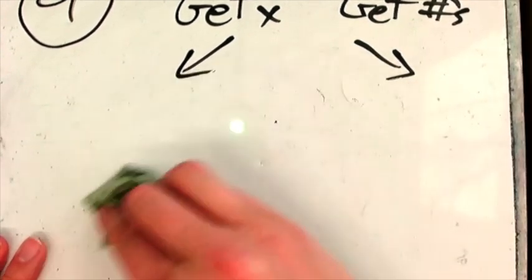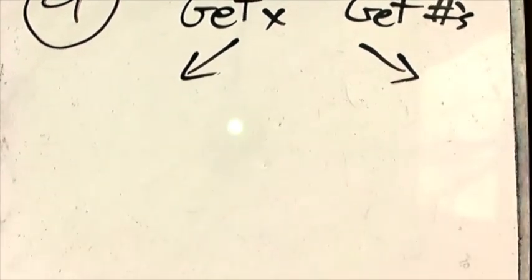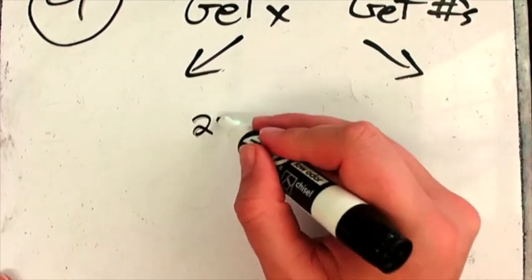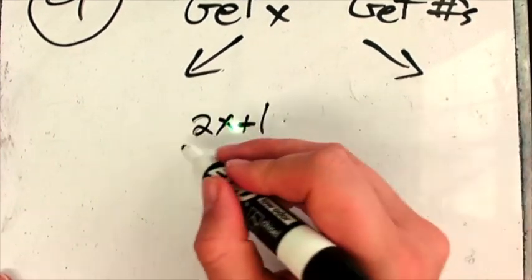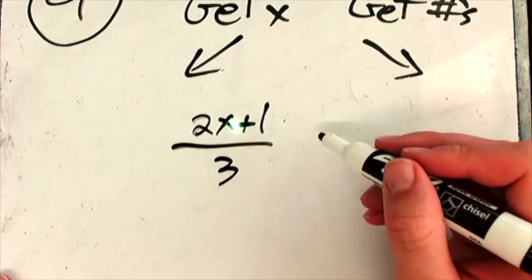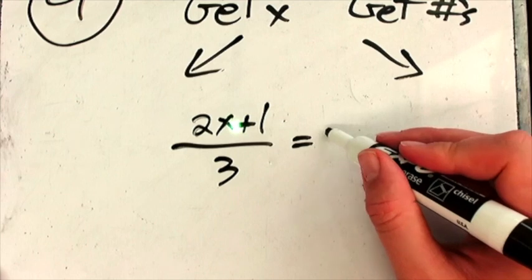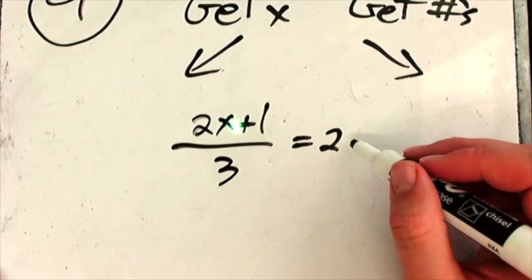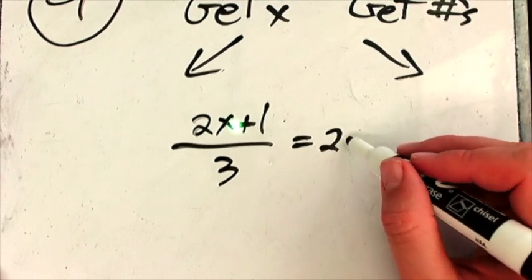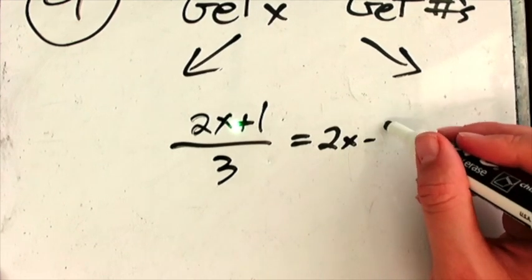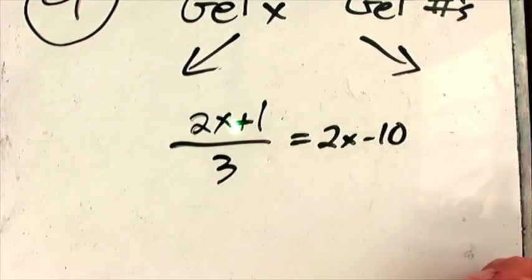Let's do things that are a little bit more complicated here. Let's turn up the heat. Let's say I got 2x plus 1 over 3, and then I have equals, let's say, 2x minus 10.